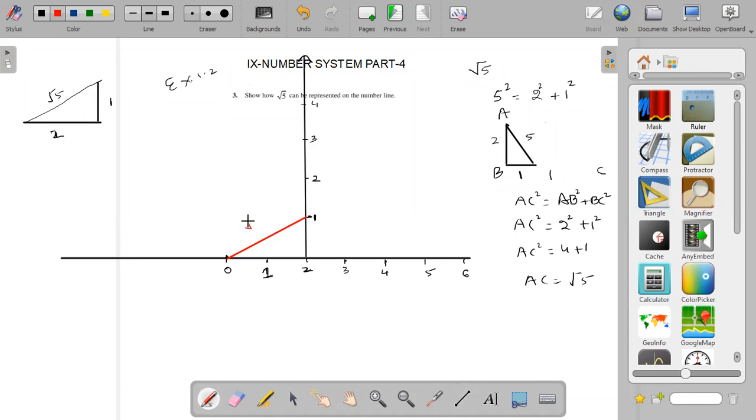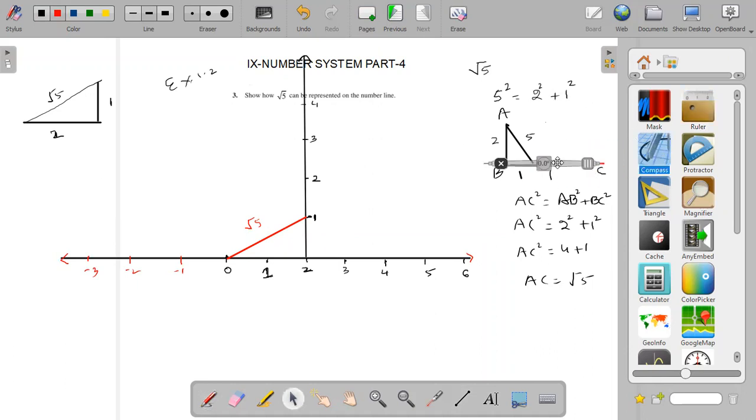This is representing under root 5, and we have to represent it on the number line. Always draw the number line on both sides. You should mark the arrows and numbers -1, -2, -3. And now we will draw. This length we got. This length will represent the point root 5 on the number line.